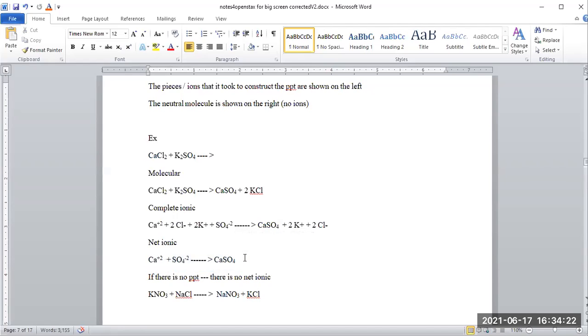Now, one of the things that's true also, as far as the upcoming lab is involved, is you are, at least if you have me for lab, I am going to have you write a molecular and a net ionic for each of the 11 reactions. This means there are 22 equations for that particular lab.